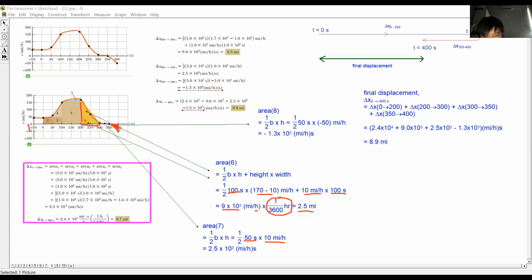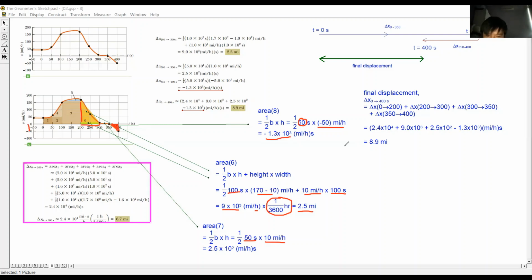So half base, the base is from 350 to 400, so the base is 50 seconds. The height is negative 50 mile per hour. So when you multiply this together, you have negative 1.3 times 10 to the power of 3.